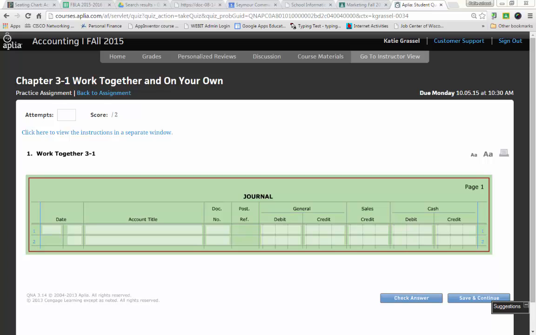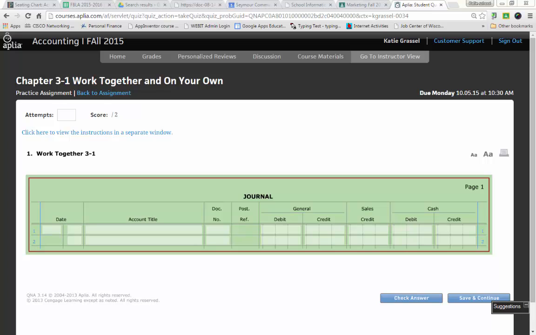And now my last two columns here on the end is going to be cash. Okay? Would you agree a business is going to do a lot of things dealing with cash? Okay, so I have cash debit and I have cash credit. So these three last columns are called special columns, and they're special because they truly have an account title on the top of them.